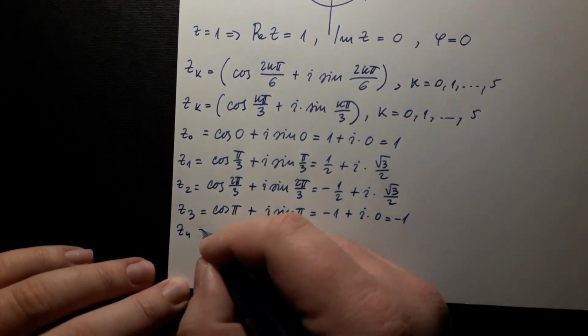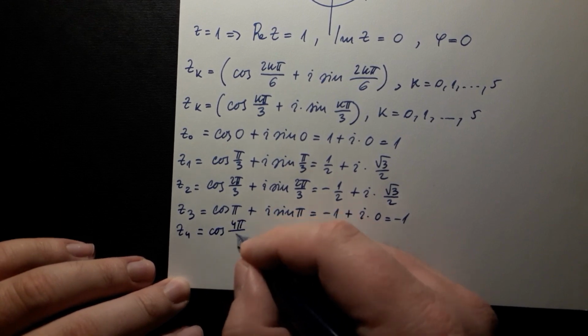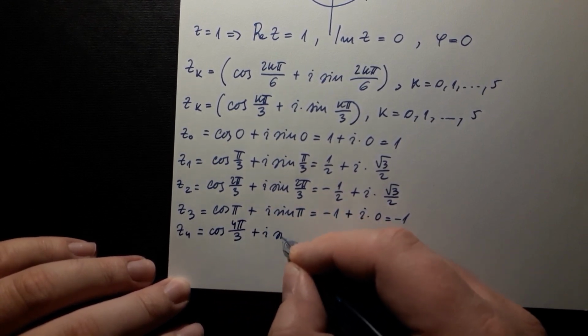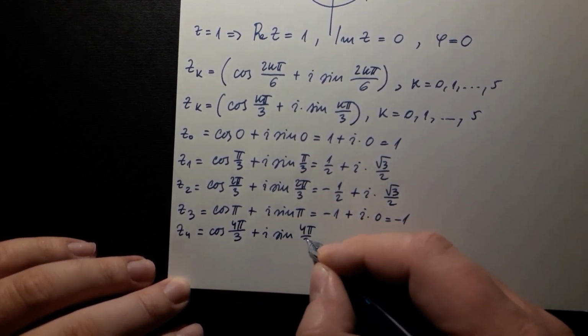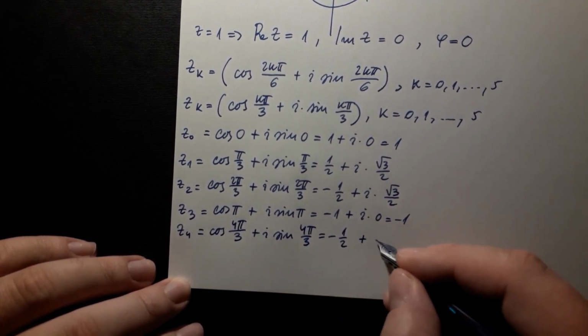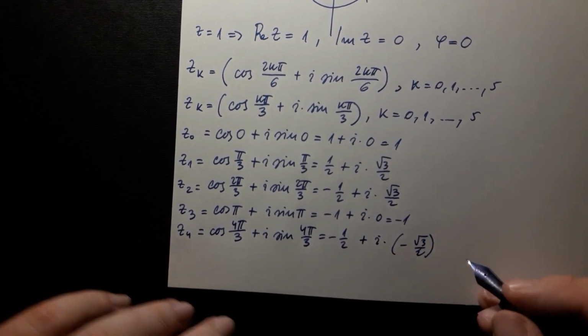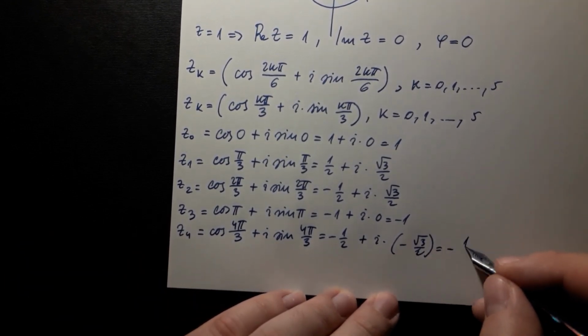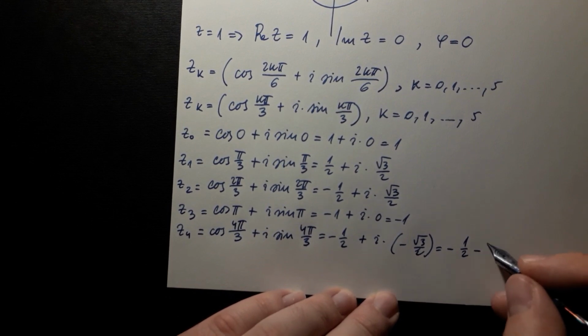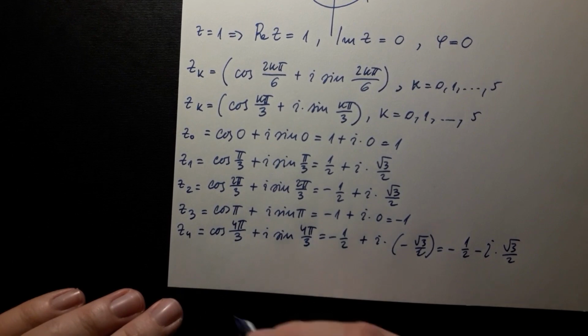Number z4 becomes cosine of 4p over 3 plus I sine of 4p over 3, which is equal to negative 1/2 plus I times negative square root of 3 over 2, which is then equal to negative 1/2 minus I times the square root of 3 over 2.